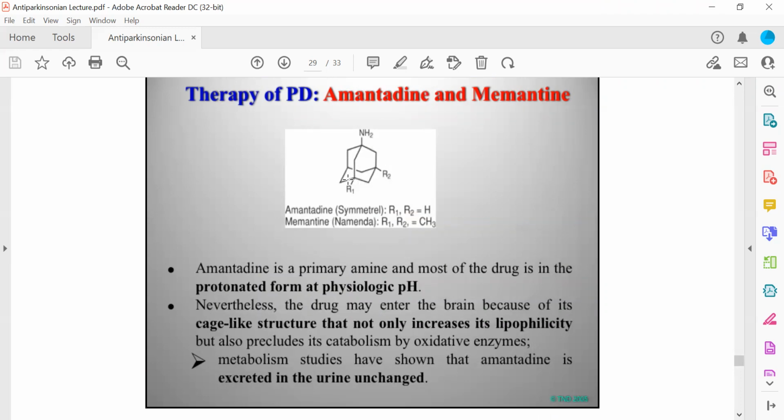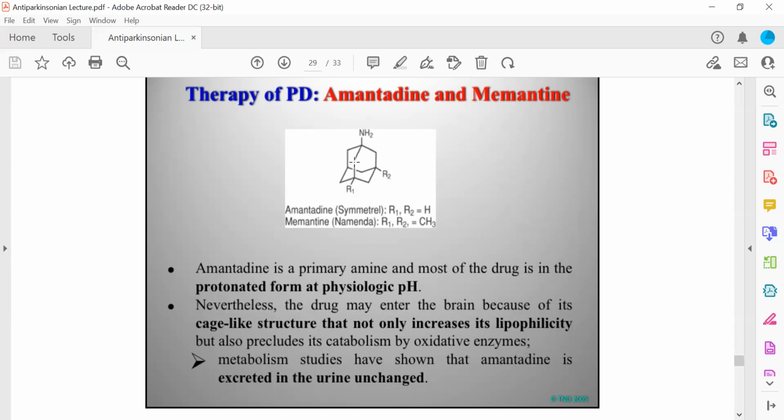This drug has a primary amine that can be protonated at physiological pH, so you would think it could not possibly cross the blood-brain barrier, because protonation of the amine makes it highly water-soluble. But because of the polycyclic cage-like structure of this molecule, you can see it contains a number of carbons within this box-like or bird cage-like structure.